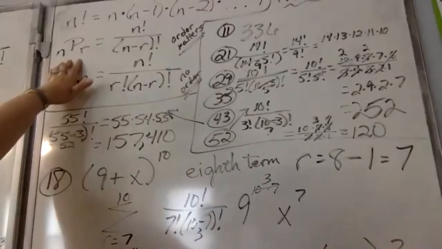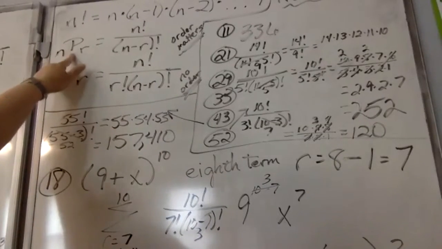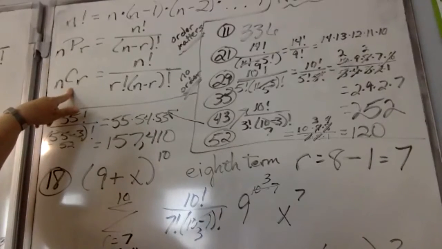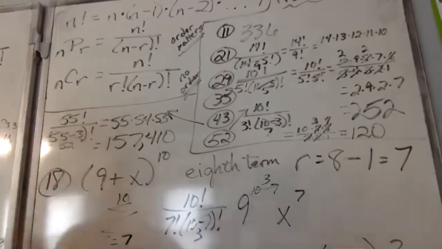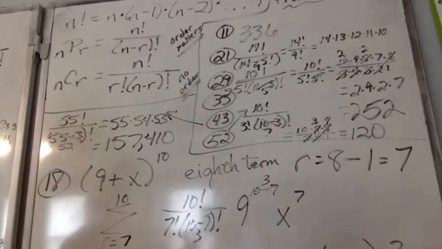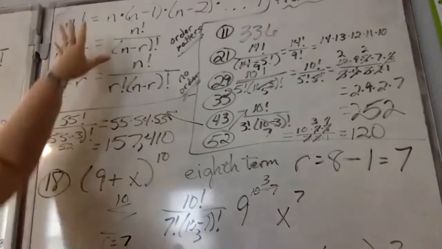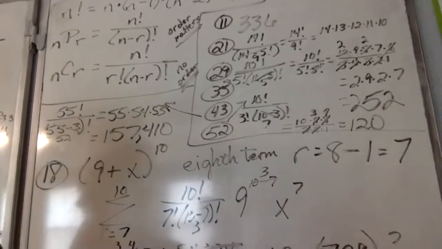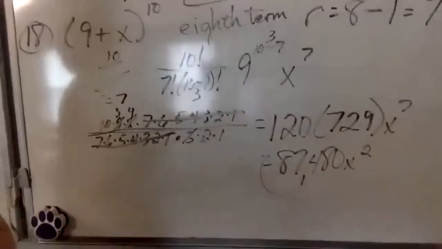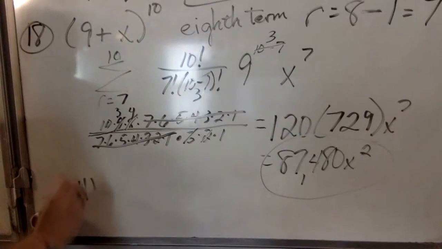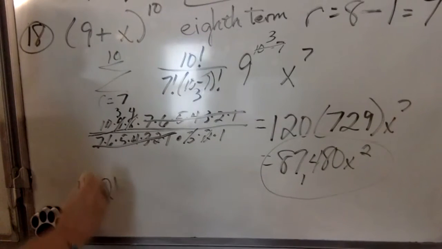Remember this right here, when it's written like this, that stands for permutation. This stands for combination, okay? Then you have some problems where it's just working out the factorials. So it's simply going to give you a problem like 4 factorial and 2 factorial.